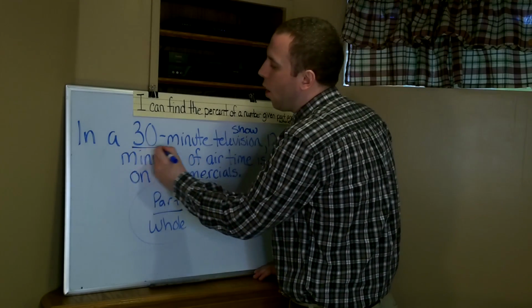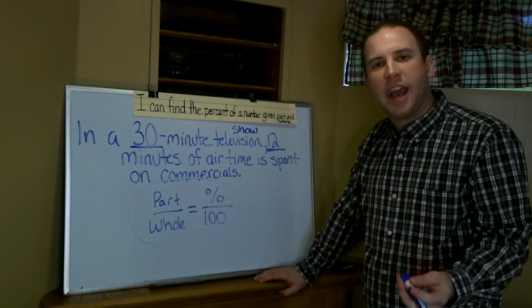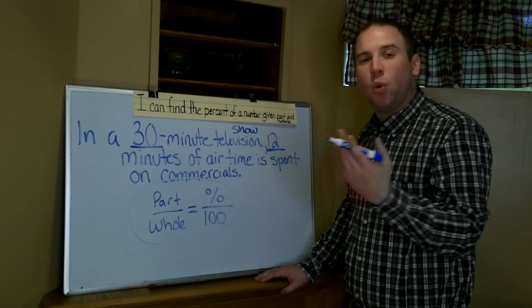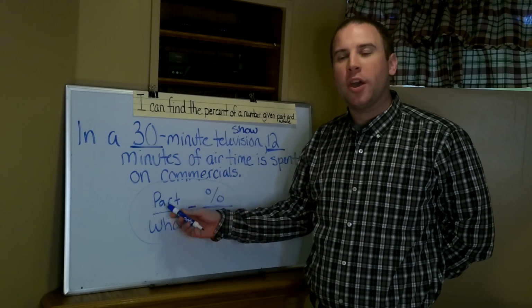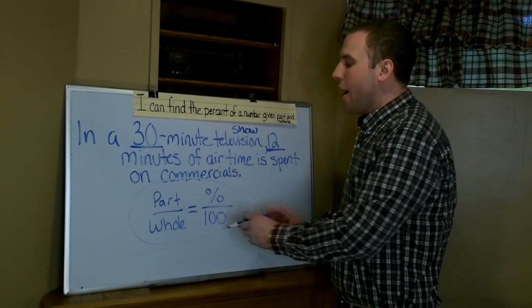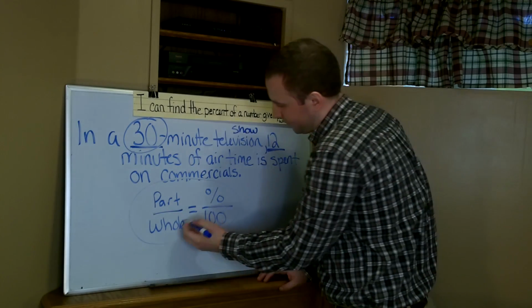When looking at it, what two values in our word problem do we have? Correct. We have 30 and we have 12. Very good. In this problem, what is whole and what is part? Correct. Whole is going to be 30. Very good.